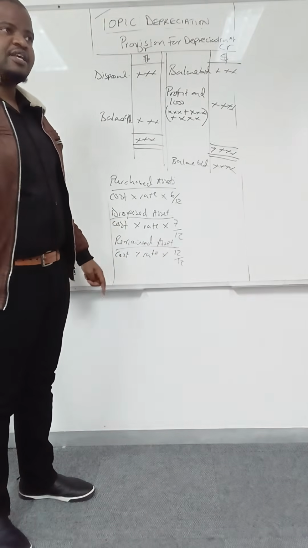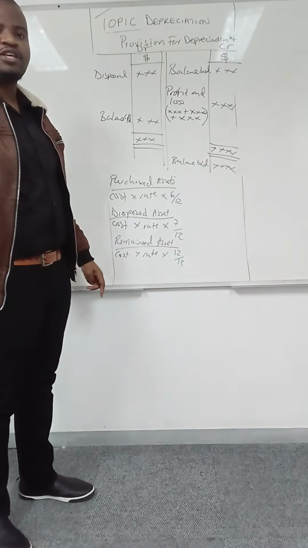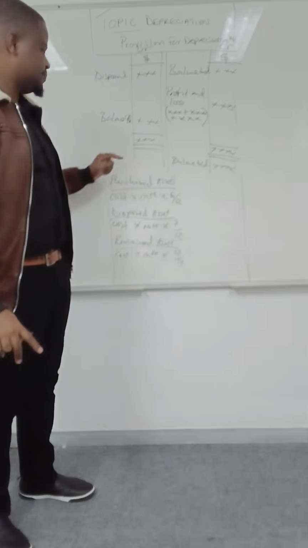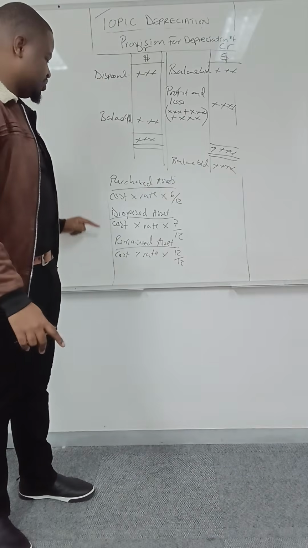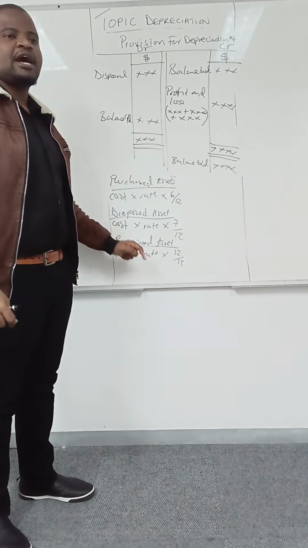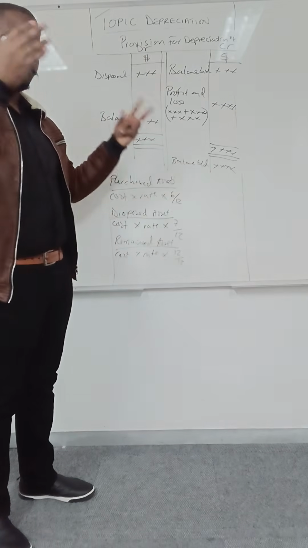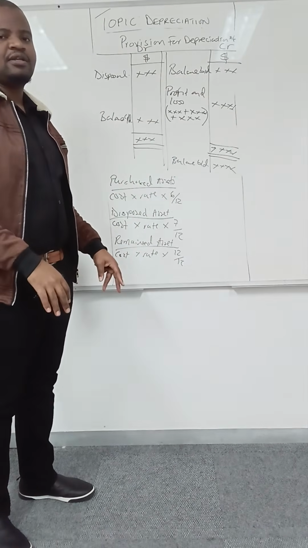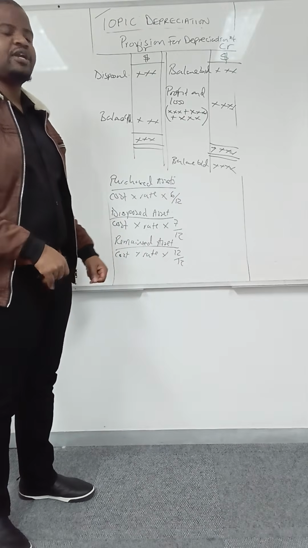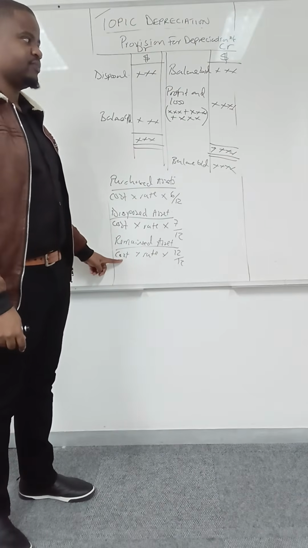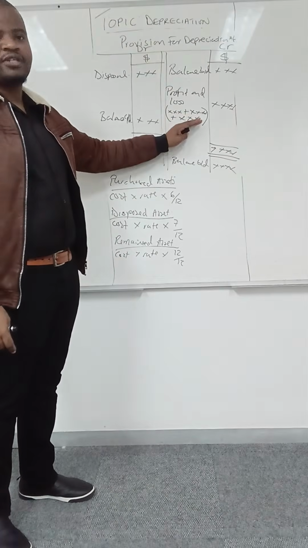But if the question says we don't charge depreciation in the year of disposal, it means we need to see two figures: depreciation of the purchased asset and depreciation of the remained asset. So I have finished with profit and loss.